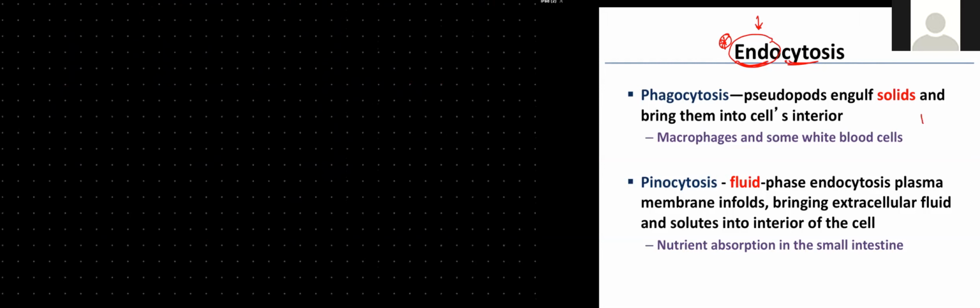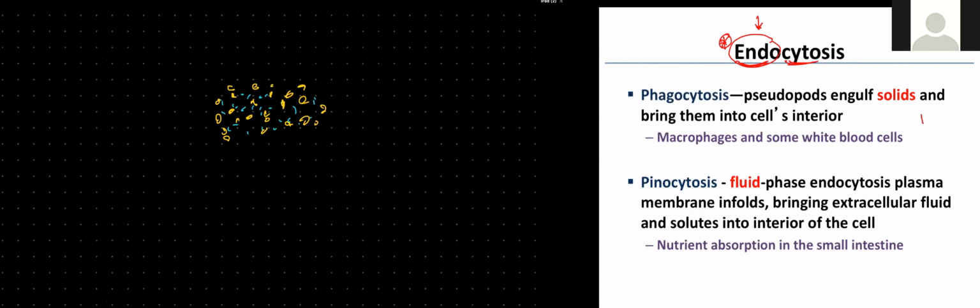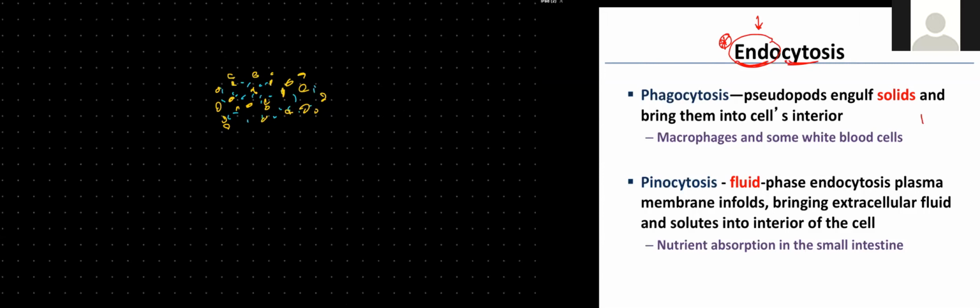Like, for example, I have fluid, and this fluid is going to be containing fat in the small intestine, let's say, or whatever kind of nutrients you want to bring to the inside of the cell, and you don't actually have the ability to get it in unless you take it in a liquid form.